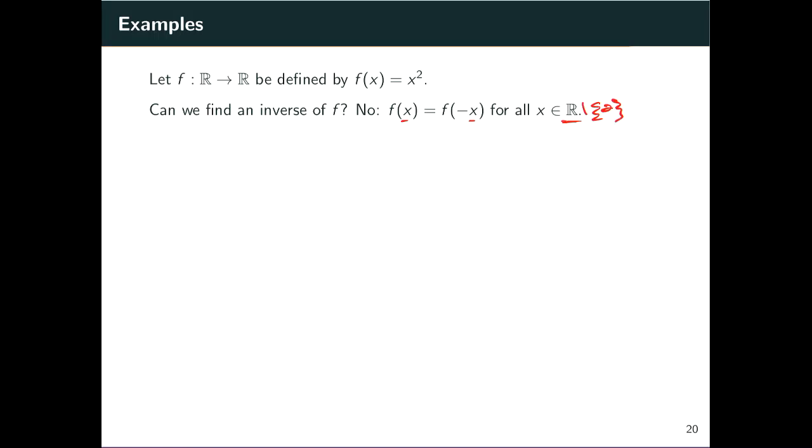That wouldn't be an example. So what this means is f is not injective, because we've got two different elements in the domain that are mapping to the same place in the codomain.